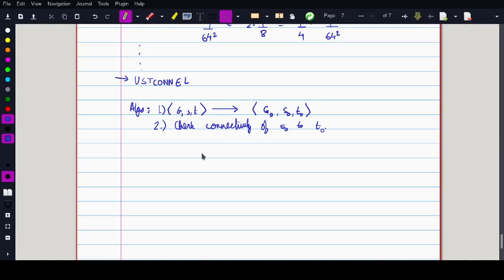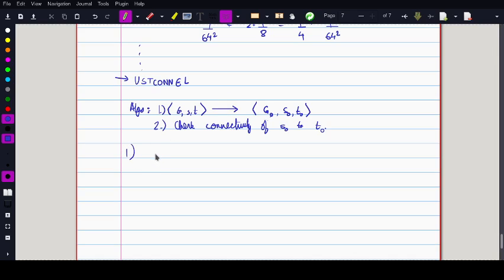So this construction is again a bit more complicated. I mean, it's not as easy as the earlier one that we had done. So what you do to do this construction is, let's call it step 1.